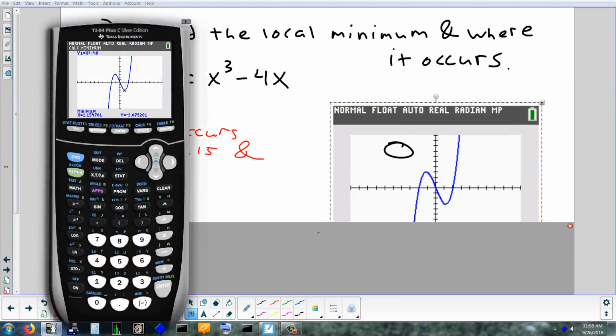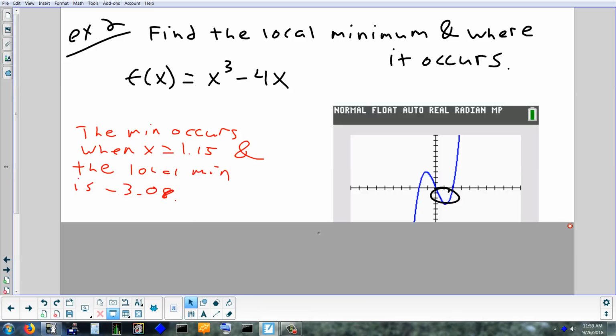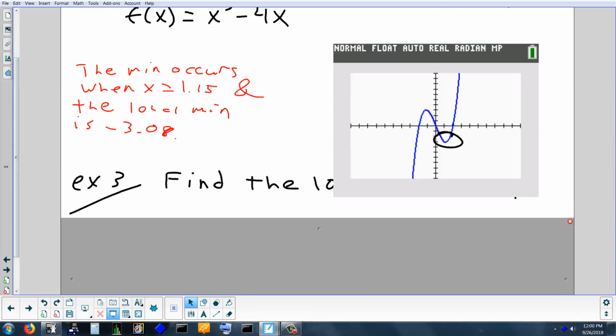What is the y value? The minimum is negative 3.08. So where it occurs is an x value, and the minimum is the y value. So that's the local min.